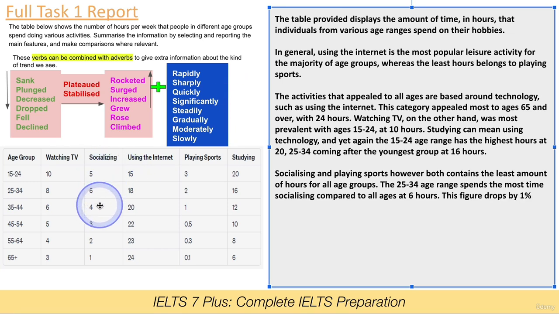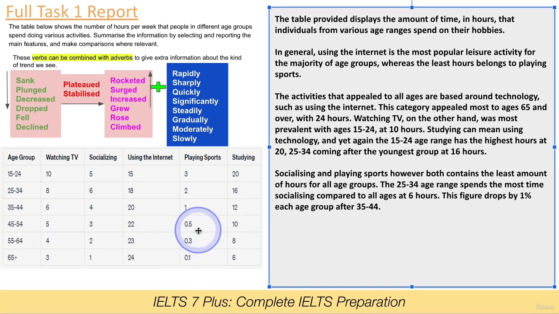We can talk about how it's, oh no, there's 2% here. 4, 3, 2, 1. We can comment on that maybe. So we can group some, we can make broader statements. We don't always have to be specific. That's quite a nice way to include some data there.